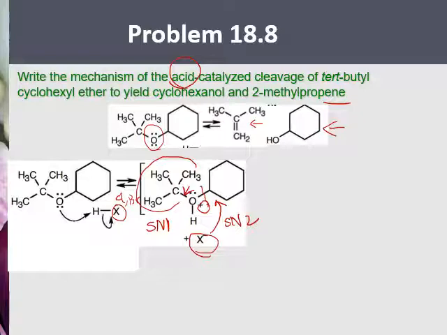And therefore, if it's SN1 and you have a t-butyl group, you draw arrows shown here to show the bond between carbon and oxygen breaking. The 2 electrons go to oxygen. So what you get is a t-butyl cation, and the right side is an alcohol, and that's one of the products.